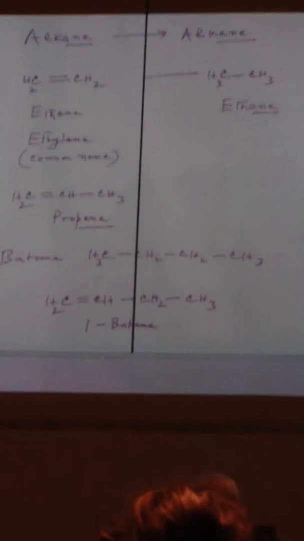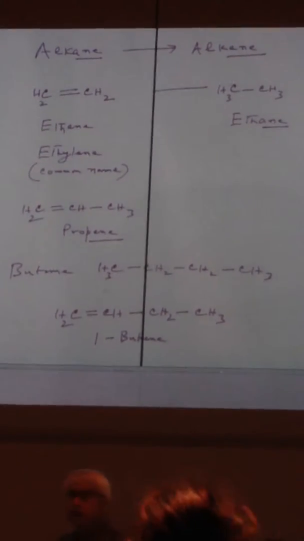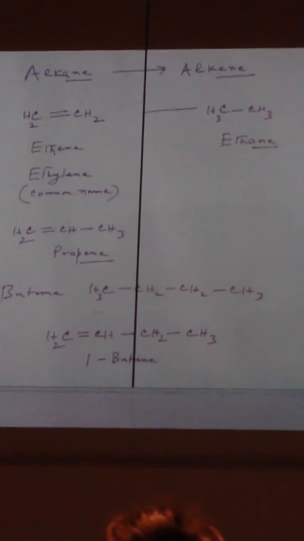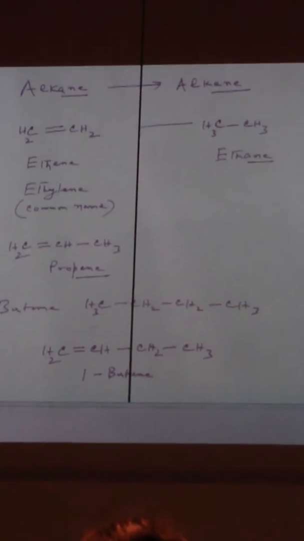Because the double bond is between carbons 1 and 2, we don't say 1,2, because it's obvious that the second carbon will also have the double bond. Then we just name the alkene according to the first carbon that joins. So this is 1, 2, 3, 4, and the double bond is between 1 and 2.